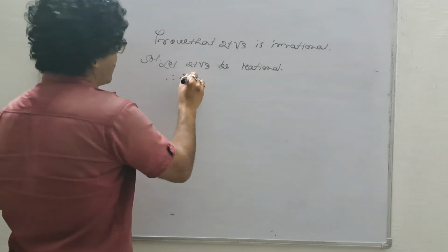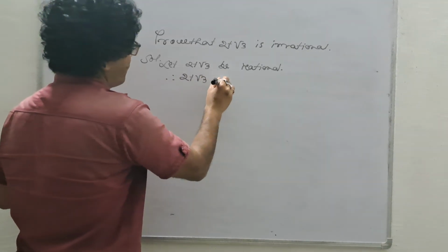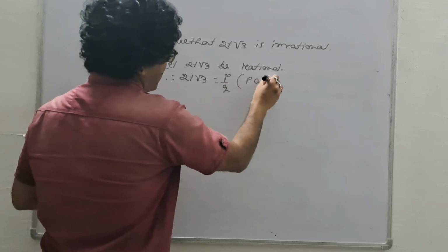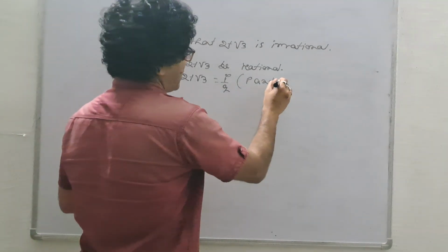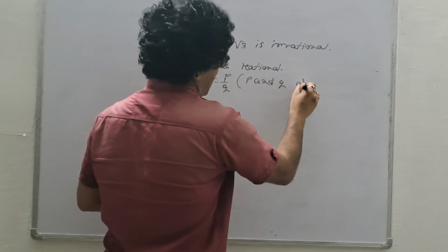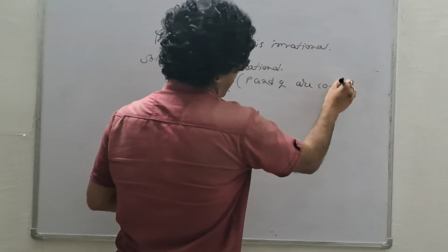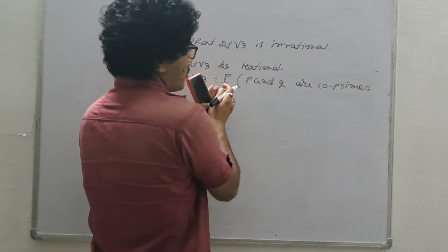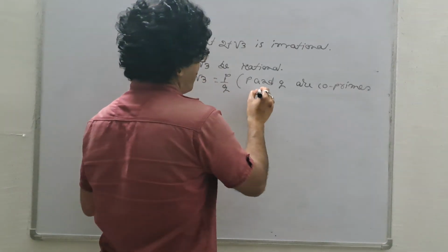Therefore 2 plus root 3 can be written in the form P by Q, where P and Q are co-primes, or integers, when we write this in the lowest form.